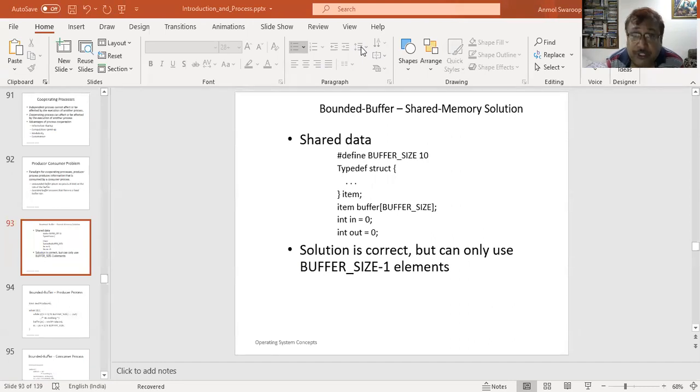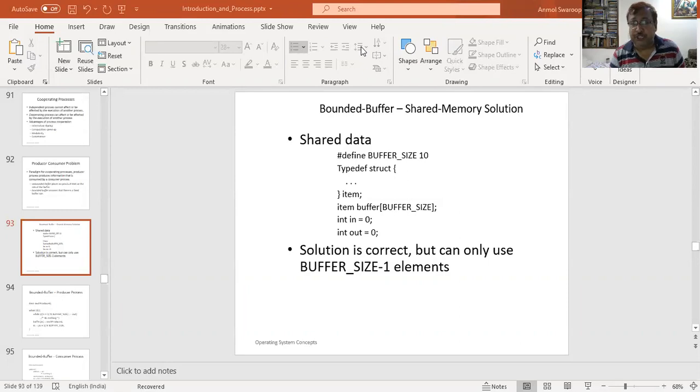One was shared memory, and second was message passing. Here, I told you that message passing is generally used in distributed systems where there is no shared memory that both the processes can access. But here I am talking about a single system.